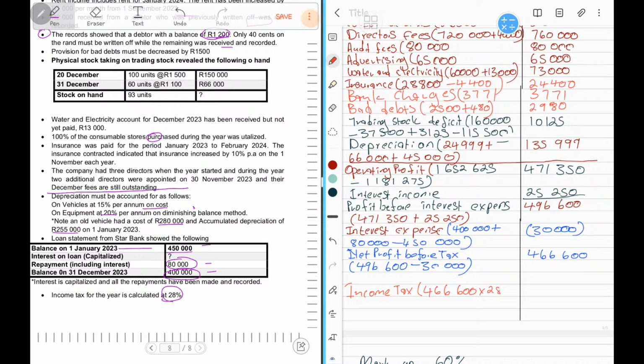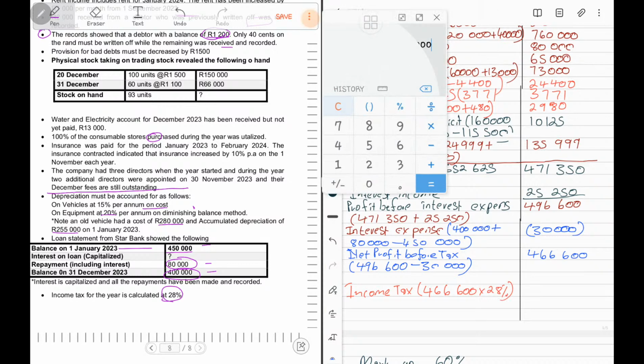Let's hope it doesn't give us commas here. 466,600 multiplied by 28%. Whew! We were lucky, no commas. So the income tax for the year is 130,648.